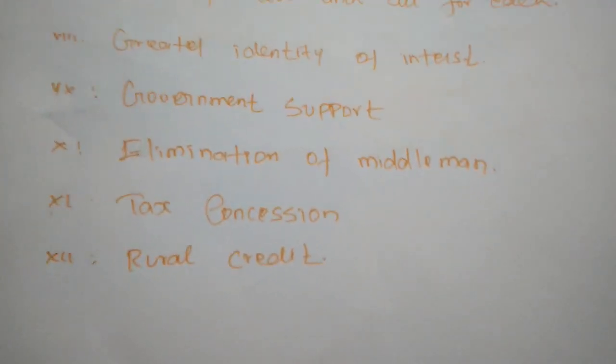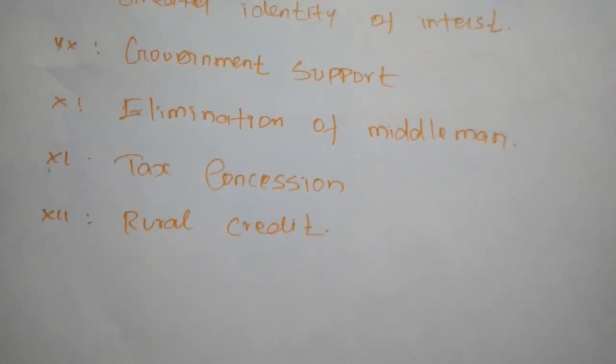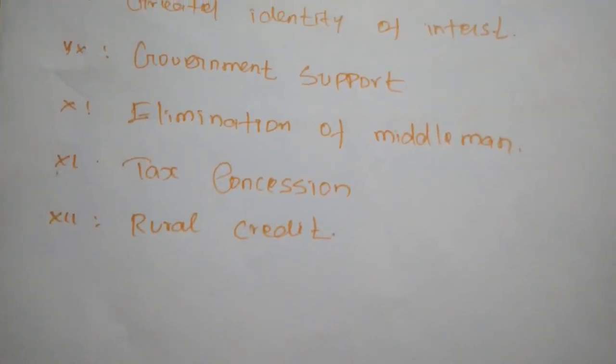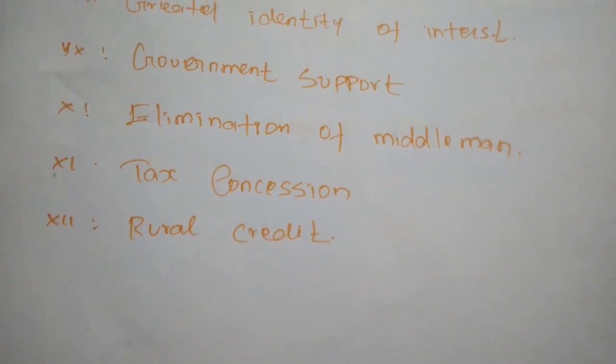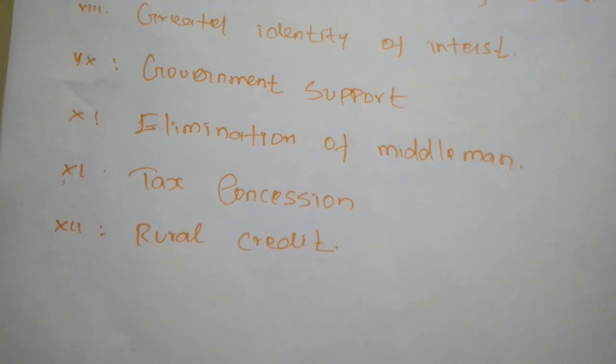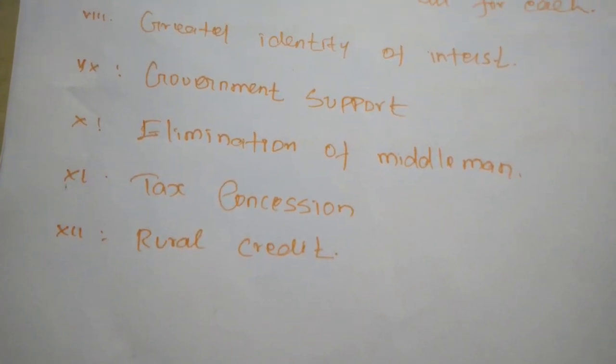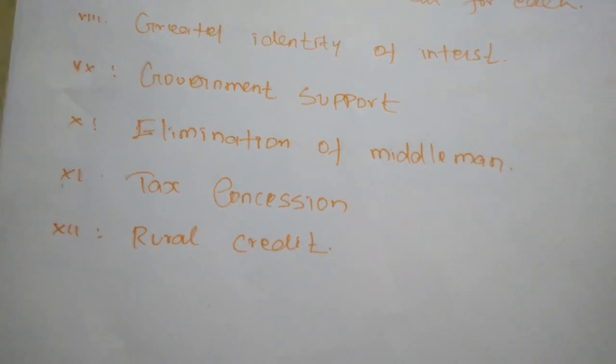Next, rural credit. Cooperative societies have contributed significantly in freeing villages from money lenders. Earlier, money lenders used to charge high rates of interest, and the earnings of the villagers were spent on interest payments.